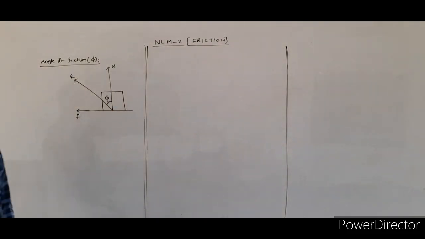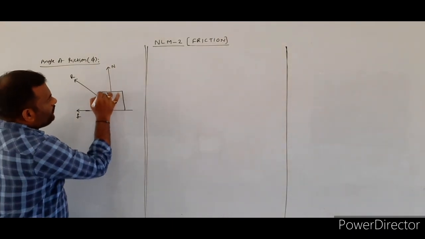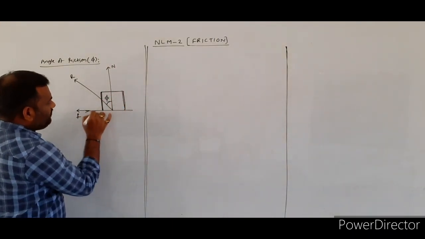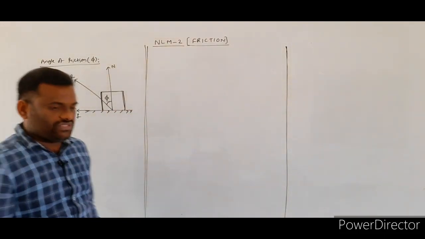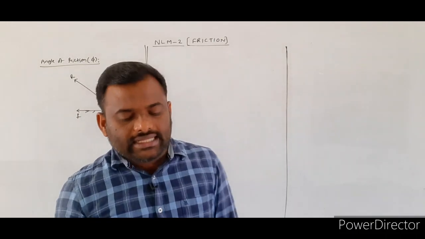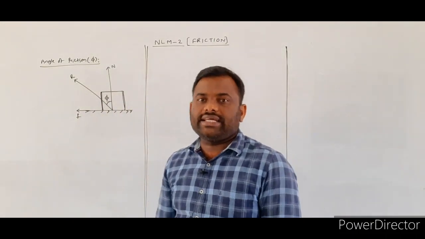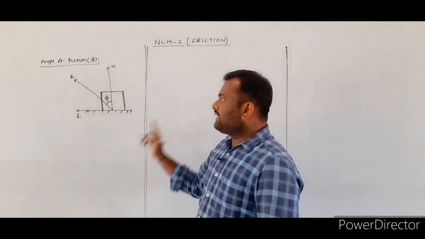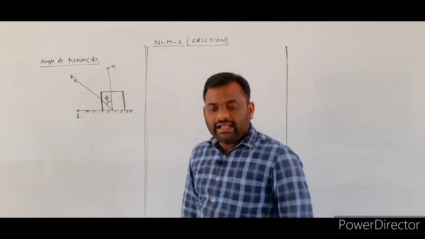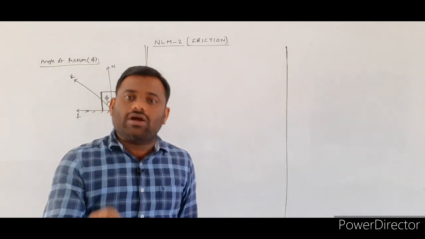Angle of friction. Here we consider an object placed on a rough horizontal surface. Whenever the object is placed on a rough horizontal surface, as we already said, contact forces exist. One contact force acts perpendicular to the surface of contact, and the other contact force is friction, which always acts tangential to the surface of contact.